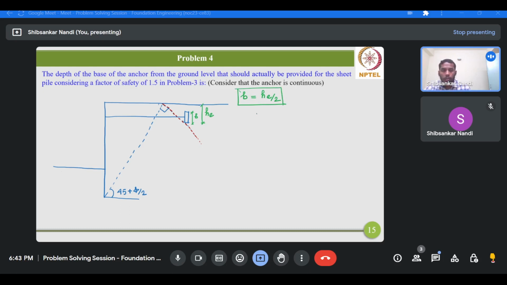And what would be the plan view? If this is the sheet pile line, and this is the system of anchor, and obviously this is the continuous anchor case. As mentioned in this problem, consider that the anchor is continuous.